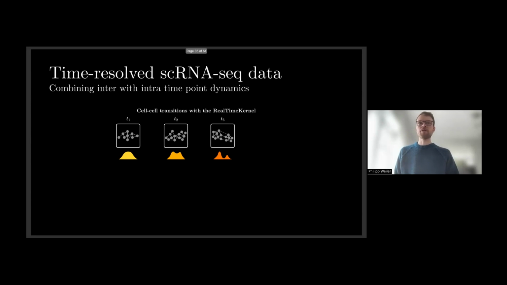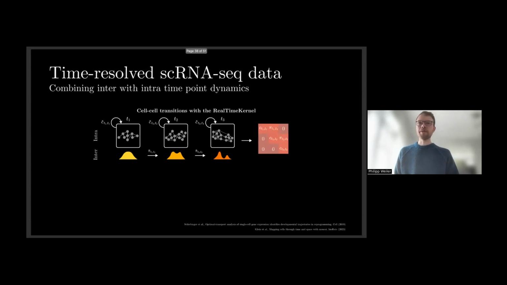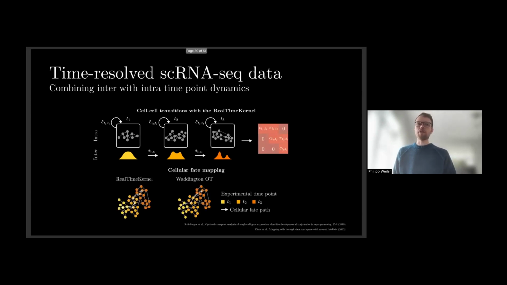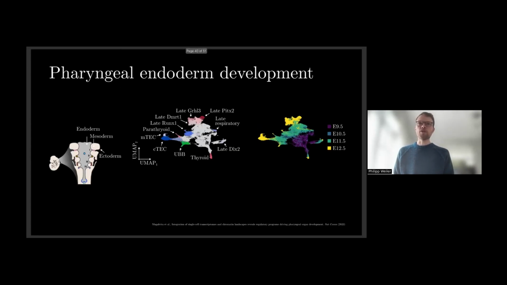Similarly, for time-resolved data, we have a new method that allows us to granularly map fates by using both the information crossing time points as well as the information that we already have in a single time point. And to showcase this, we looked at pharyngeal endoderm development.